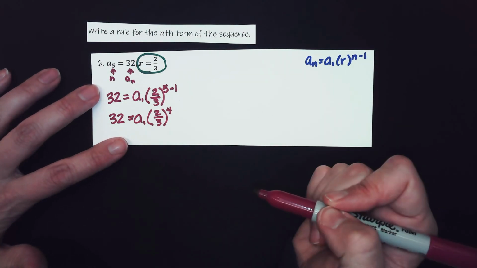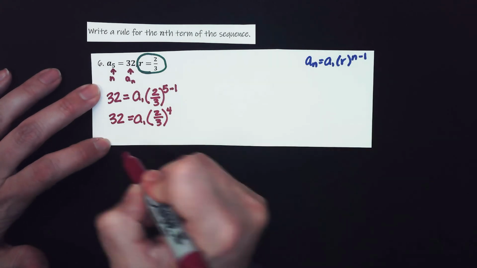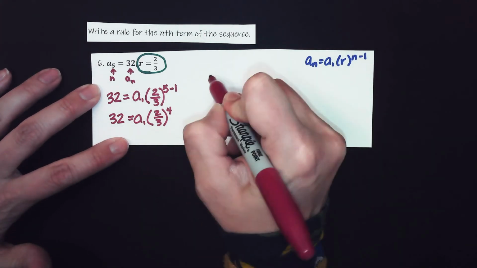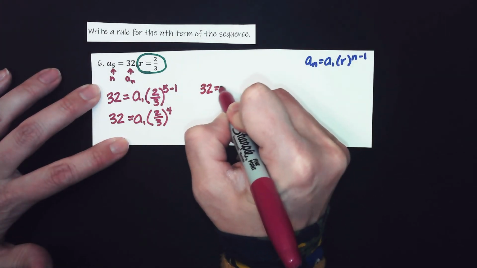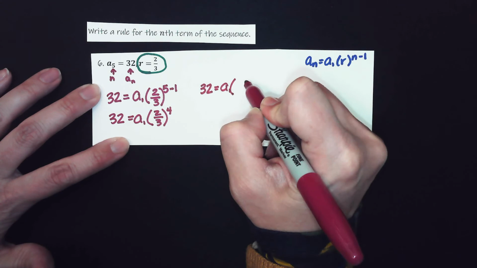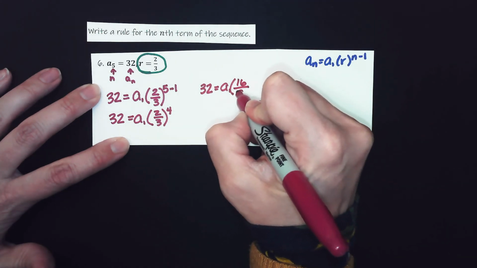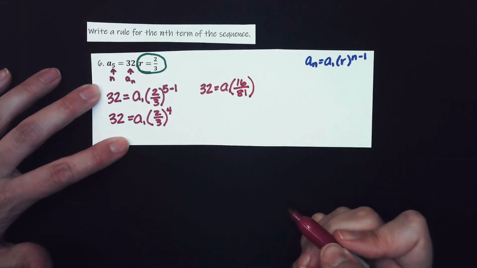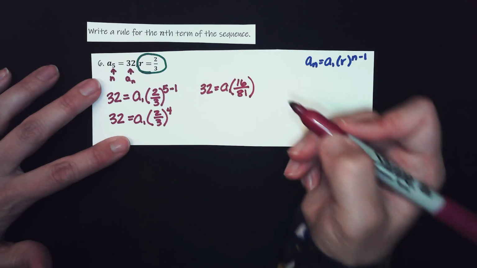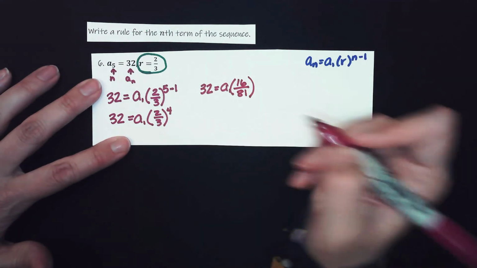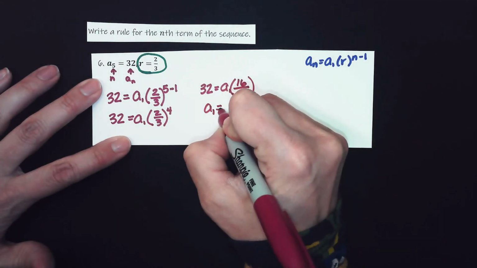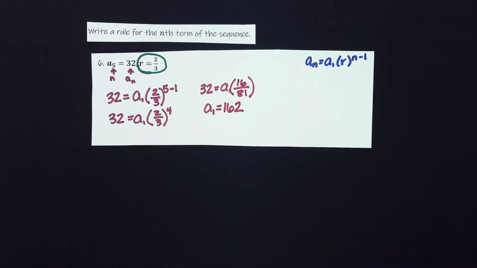So if I take 2/3 to the 4th power, I'm going to just move up here, 32 equals a1 times, let's see, 4th power would be 16 over 81. And I need to divide both sides by that. So 32 divided by 16 over 81, I get a1 equals 162.